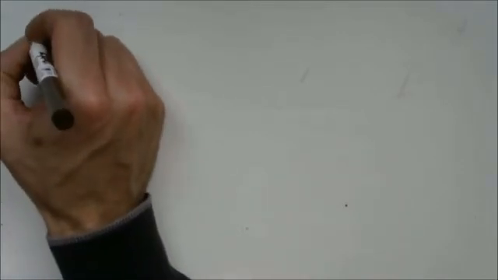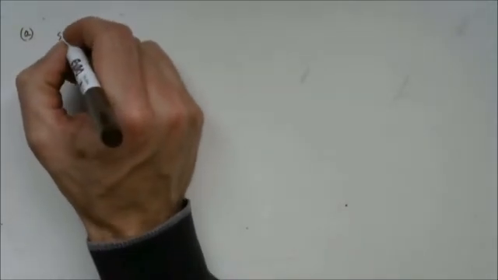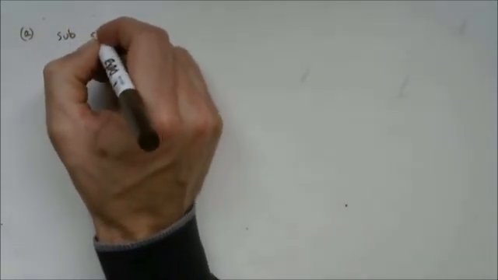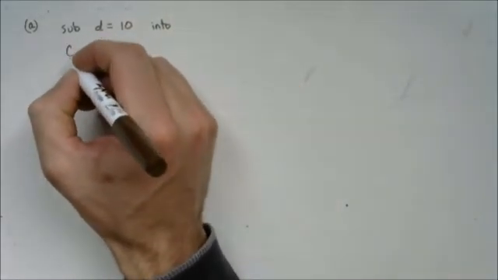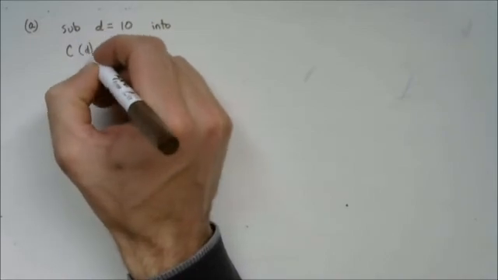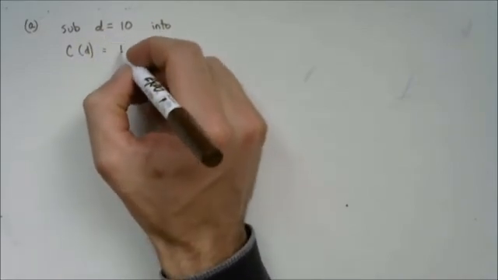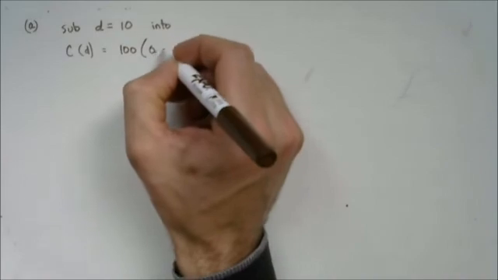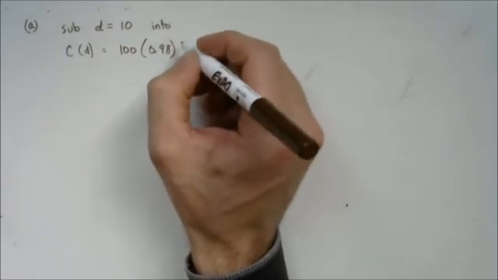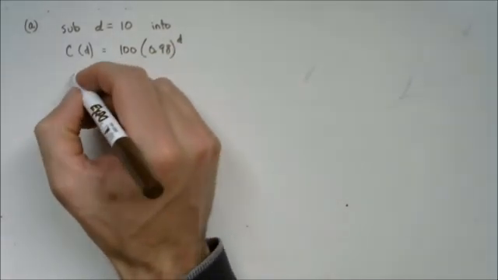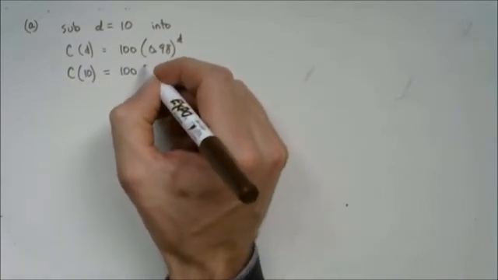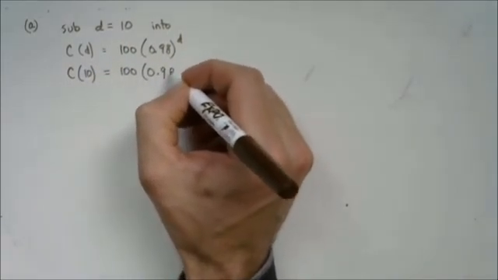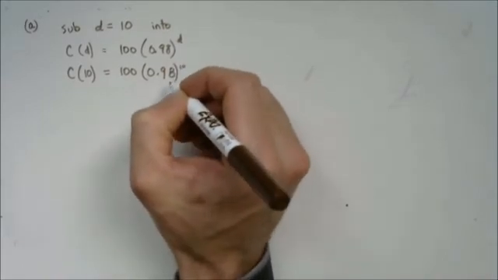All we have to do in A is sub d equals 10 into c with respect to d equals 100 times 0.98 to the power of d. So c of 10 is 100 times 0.98 to the power of 10.